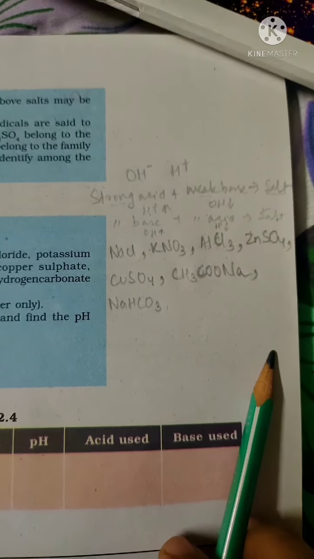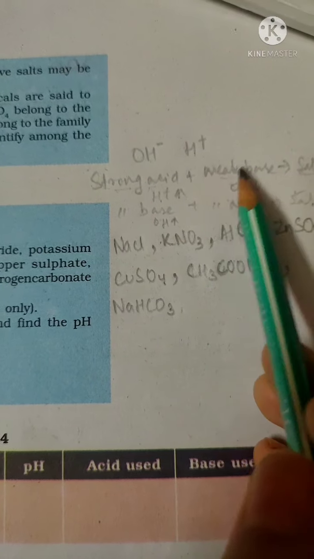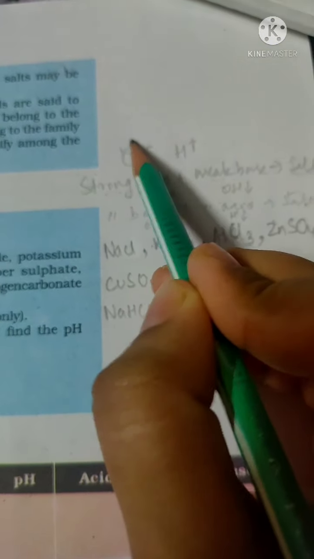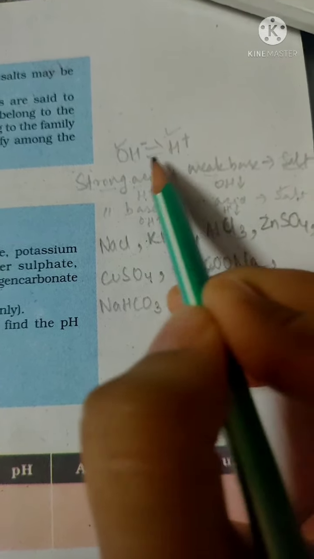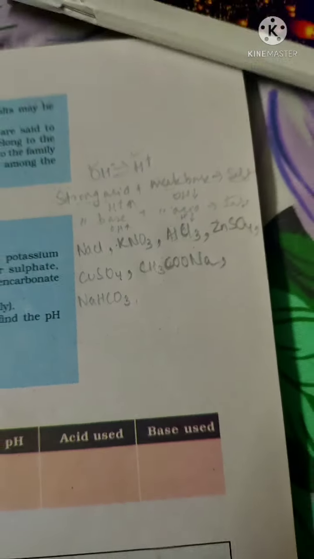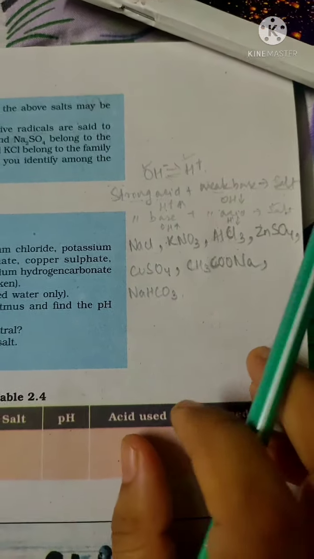Now if we have both strong acid as well as strong base and we are getting a salt, that means the amount of OH minus and the amount of H plus are balancing one another, and we get a salt having a neutral pH.